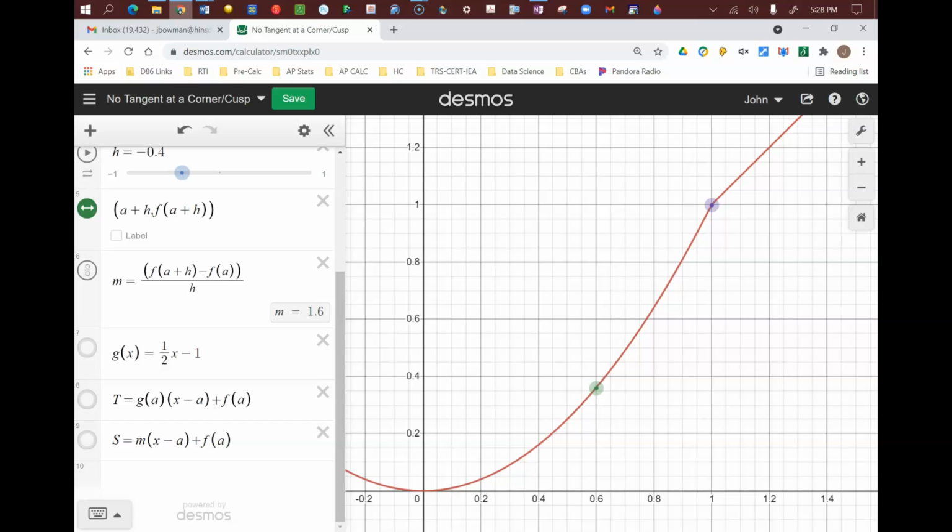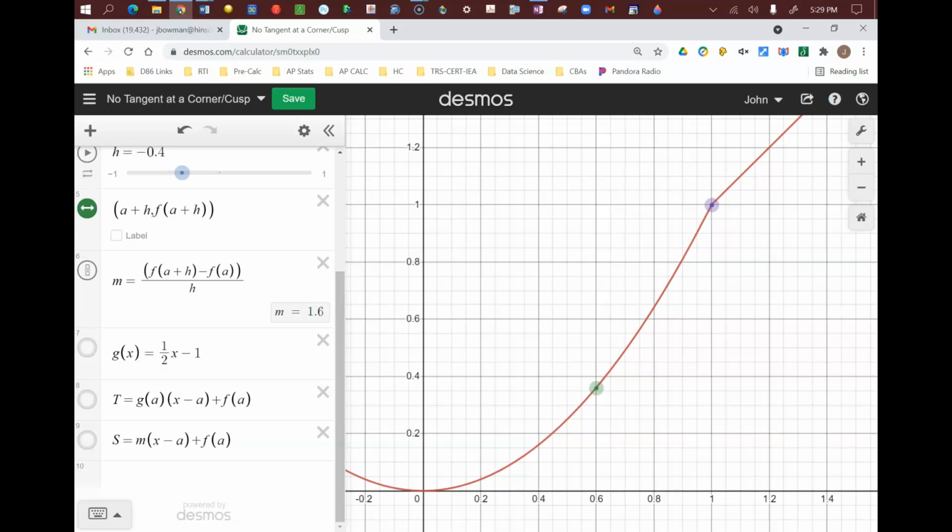And in the upper right hand of the graph here, you can see the purple point on that piecewise function at x equal 1. Left of that is the function x squared. To the right of that is the function x. And so we see that the slope to the left of x equal 1 appears to be different than the slope to the right.